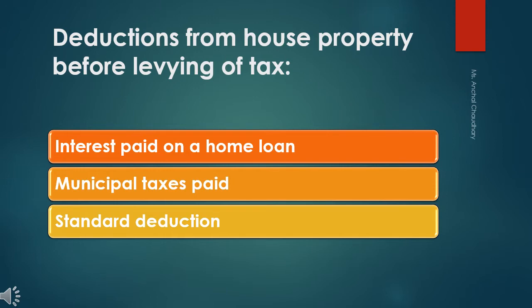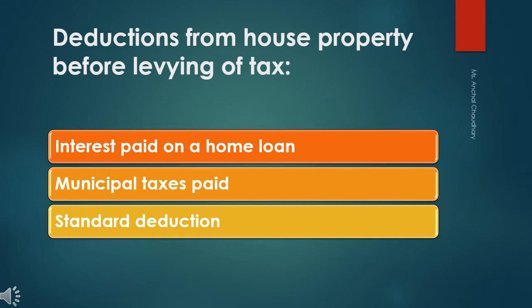These are the three deductions which a person will avail under income from house property. First is interest paid on a home loan. If an assessee has taken a home loan on that particular property whose income you are calculating, the loan should be in regard to that same property. Then in that case, whatever interest you are paying, you get a deduction for interest paid over that home loan.